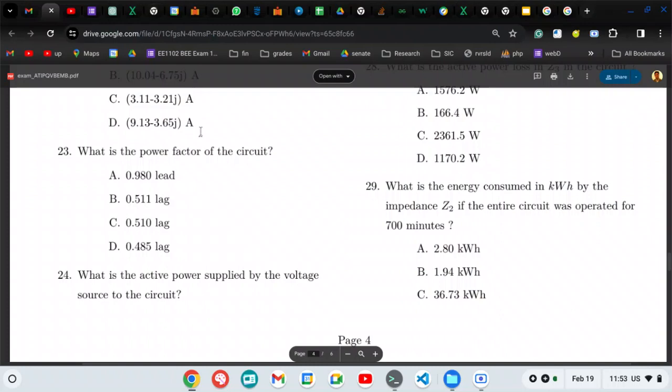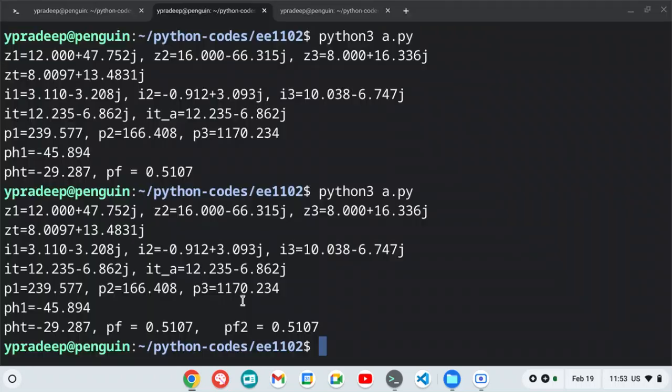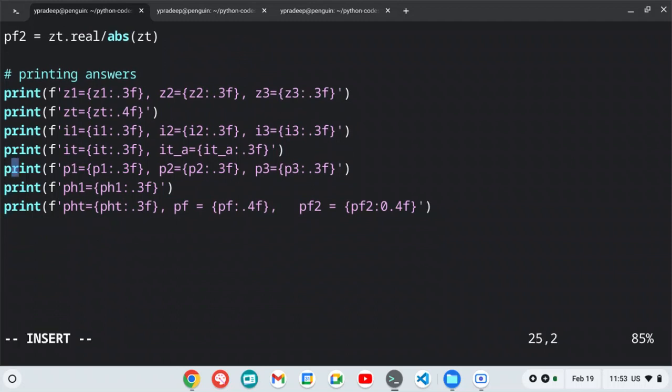So 23 is solved. What is the active power supplied by the voltage source in the circuit? If I want to know the active power, I have P1, P2, P3, right? So I can print that. See this line, I am printing P1, P2, P3 individually. So here I will say total equal to P1 plus P2 plus P3.